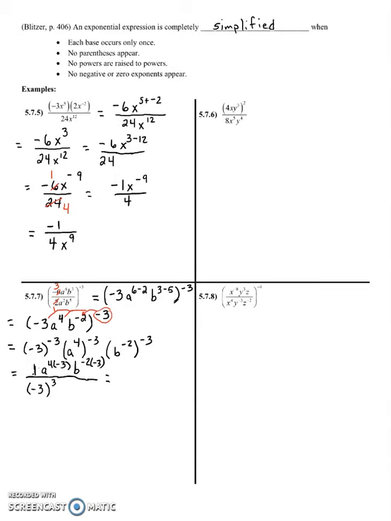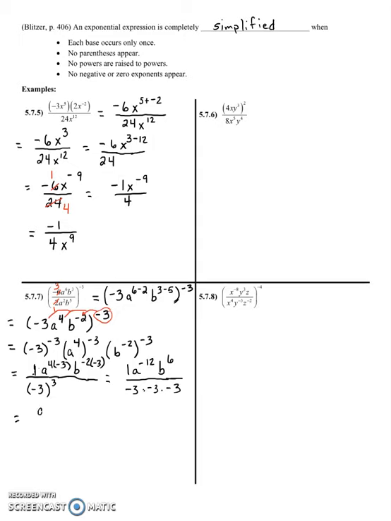So that equals 1a to the negative 12, b to the positive 6, because we're multiplying exponents. On the a, we have 4 times negative 3, which is negative 12. And on the b, we have negative 2 times negative 3, which is a positive 6.